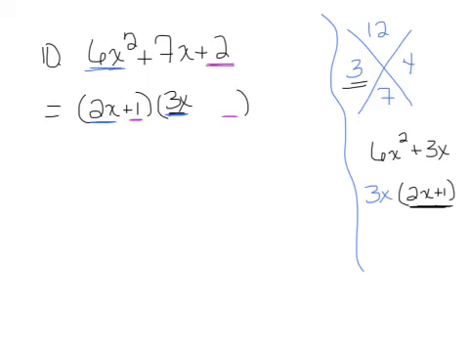A positive 1 times a positive 2 will give me that. So my answer is 2x plus 1 times 3x plus 2. And if I check it, my inside terms give me a 3x, my outside terms give me a 4x. That adds up to 7x, my middle term.